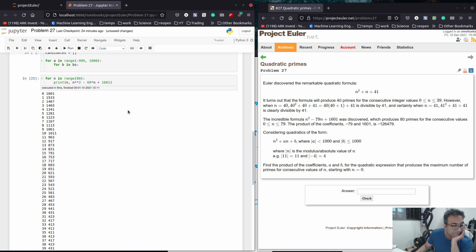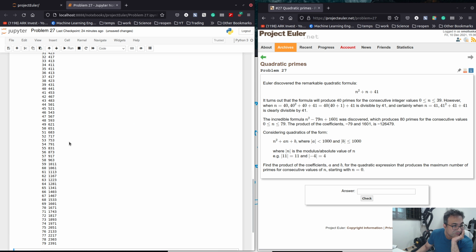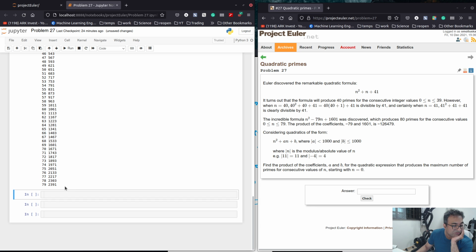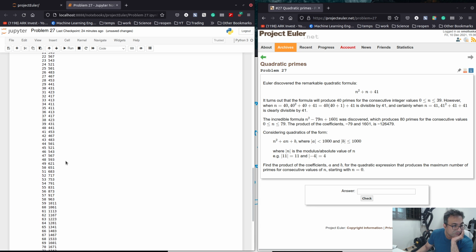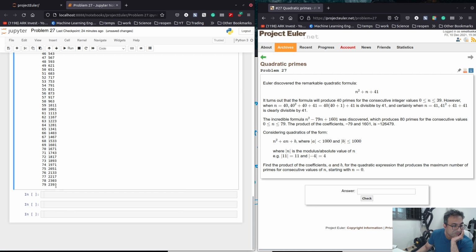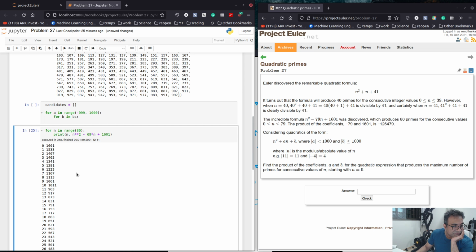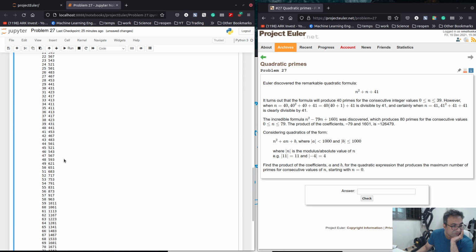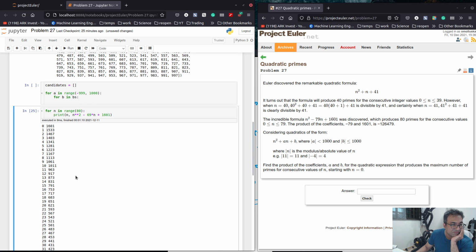So this keeps on decreasing, and then it increases. That's fascinating. It decreases and then increases. So that's the key. You need to have something that decreases and then increases, and that's going to give you something that produces the maximum number of primes.